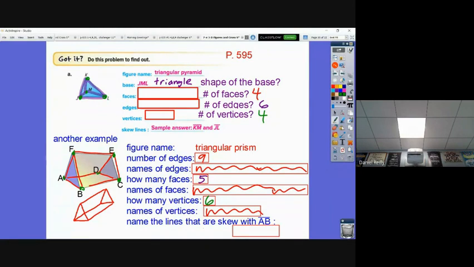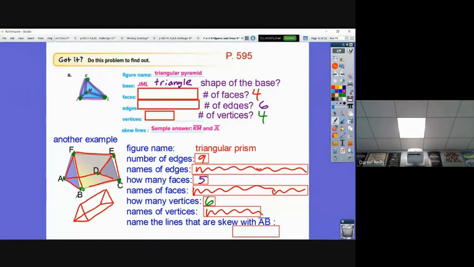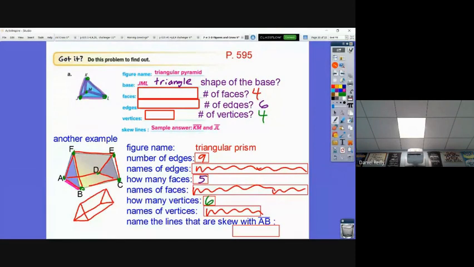Okay. And lastly, what is a line that is skew with AB? Riley, what is a line that is skew with AB? Here's AB, this front bottom one. There are 3 choices. EC.